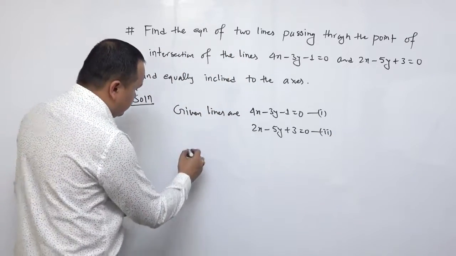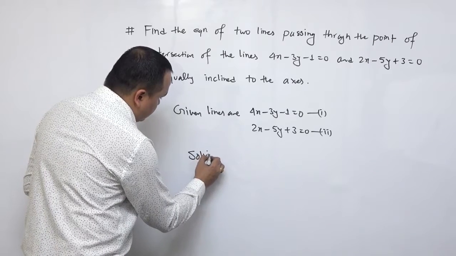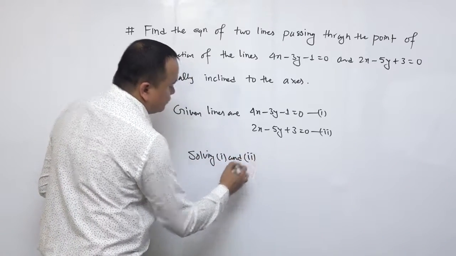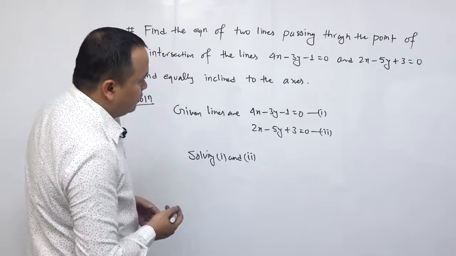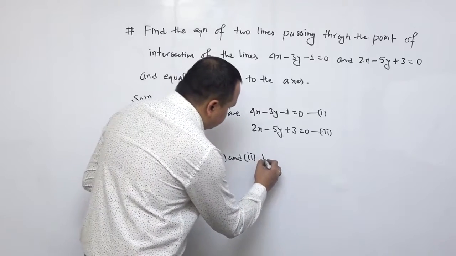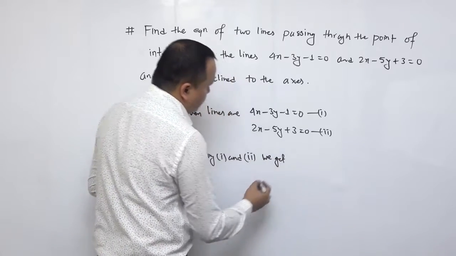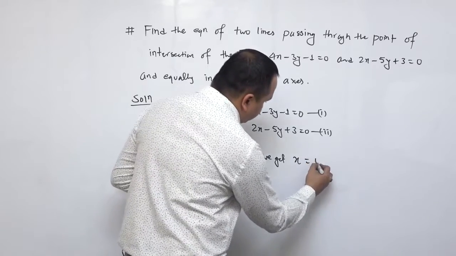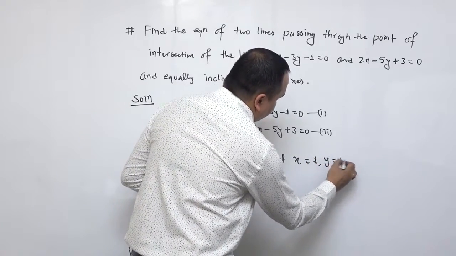Solving I and II, we get x is equal to 1, y is equal to 1.